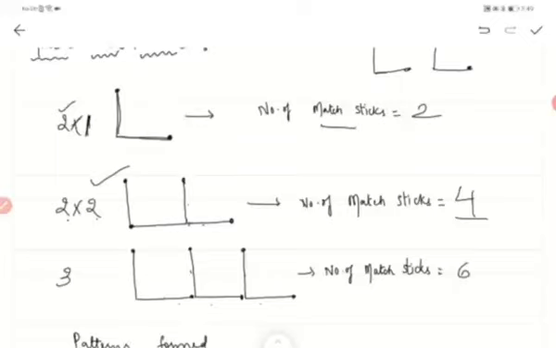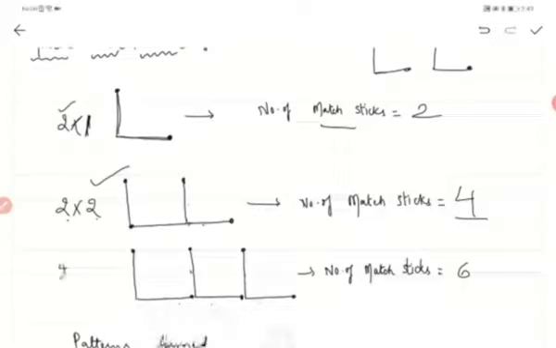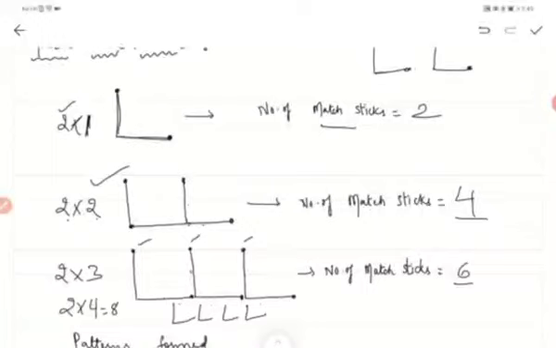For 3 L's side by side, 2 into 3, I will need 6. Now I want to make 4 L's side by side. So how much will I need? I'll need 2 into 4, 8 matchsticks.